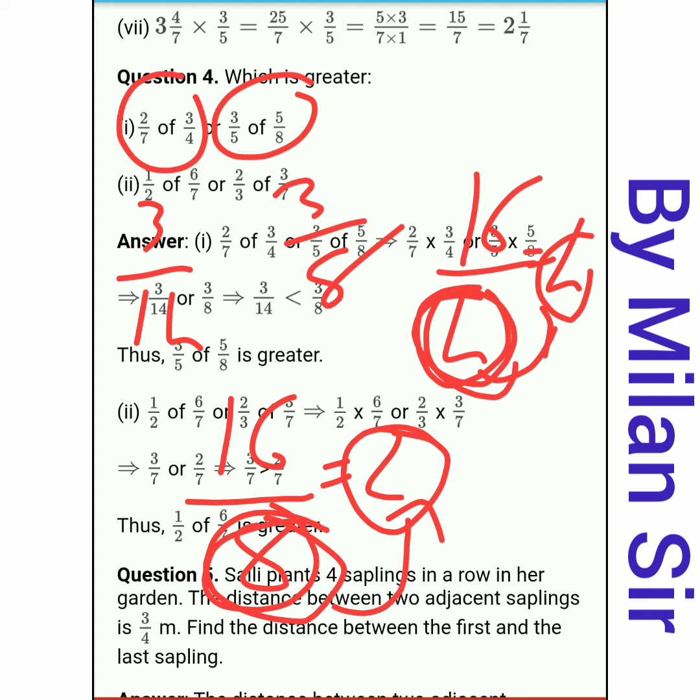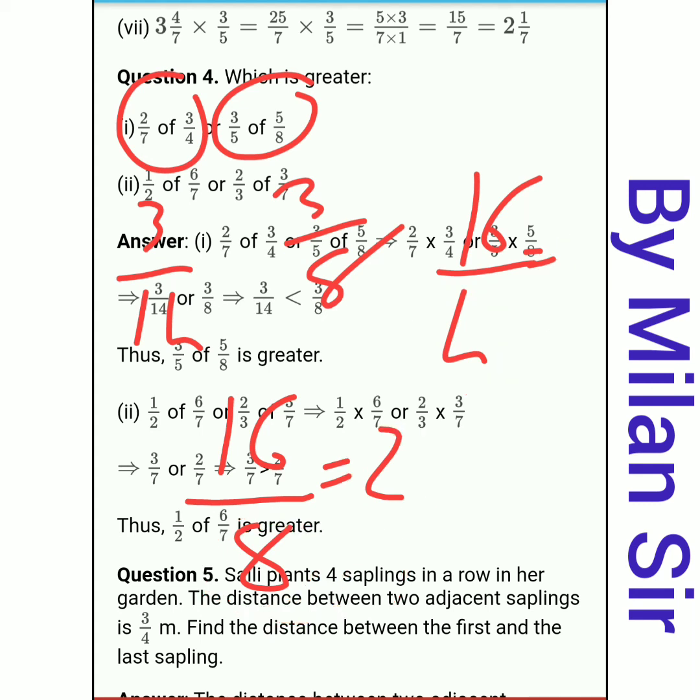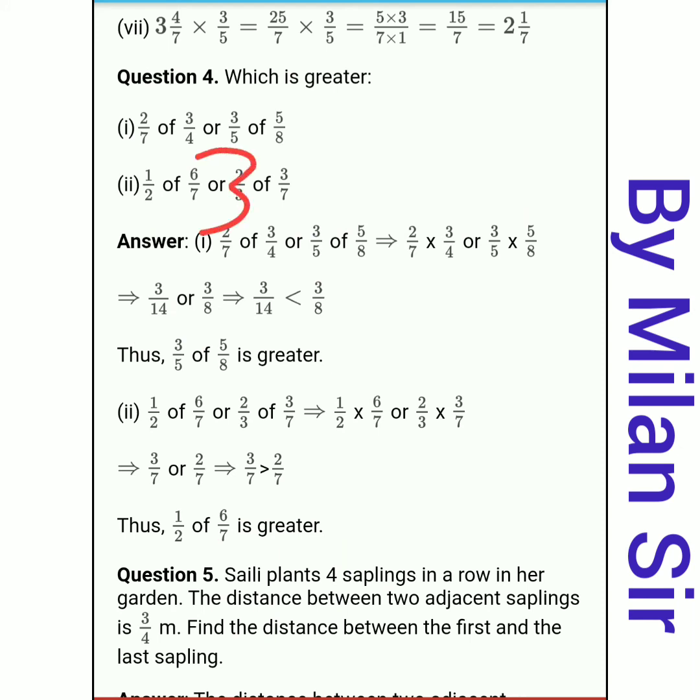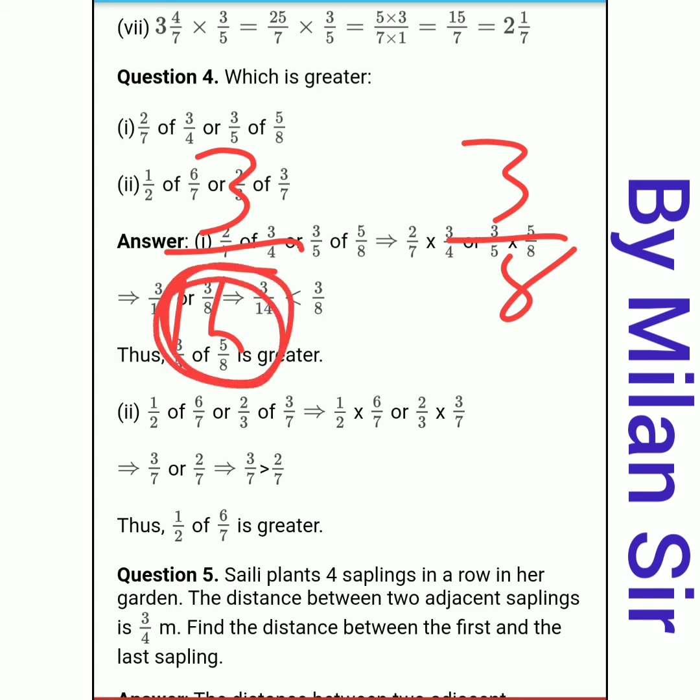Okay, so here we can compare this 3 by 14 and 3 by 8. Now numerator same, right? So here denominator is greater. So this answer is less than the 3 by 8. Right? So we can put this sign, 3 upon 14 is less than 3 by 8. Right? So which is greater? This one.